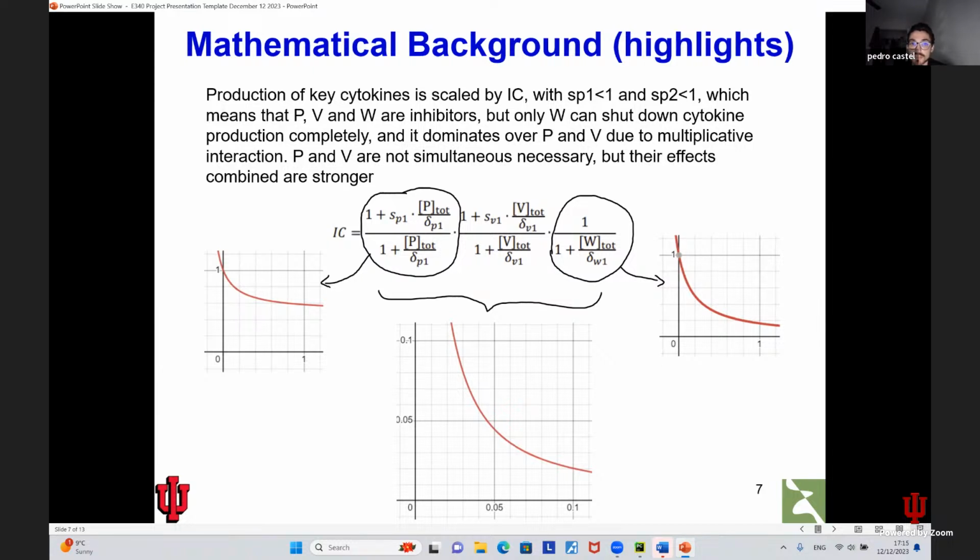They just diminish. While W, on the other hand, you see there is no numerator depending on W as the others have. It's just 1 divided by 1 plus W. So as W increases, IC goes to 0. So W has the ability to shut down the cell's innate immunity.